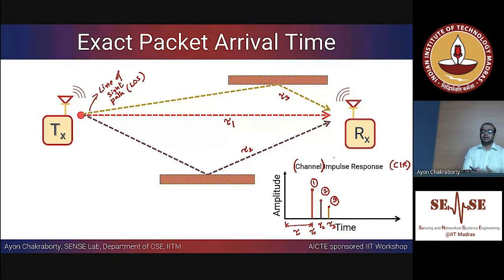So in this context, in between the receiver and transmitter, whatever happens, in an abstract form, it's kind of a pipe, right? So what is the impulse response that is associated with that pipe? Okay, and that is what we pick up on the receiver side.